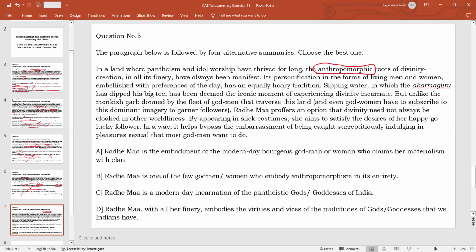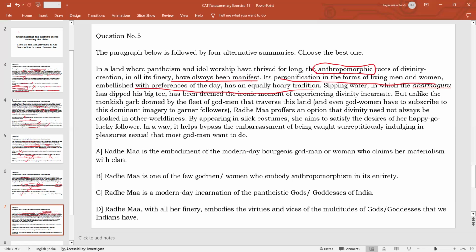So that has been the system in this land. That is why its personification in the forms of living men and women has been established and preserved as an equally equine tradition. Equine tradition means a repeatedly used tradition.